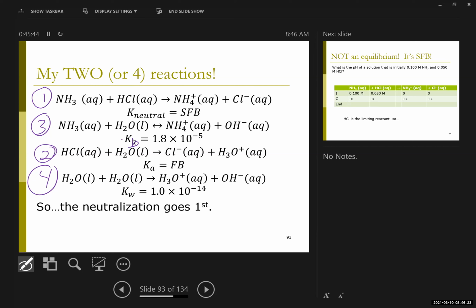And again, as I always say, these problems are not really harder, they're just longer, right? I've got 4 reactions that need to get solved, but I don't have to solve them all simultaneously. I write them all down. I determine all the Ks, and I just go biggest K to smallest K until things stop changing.